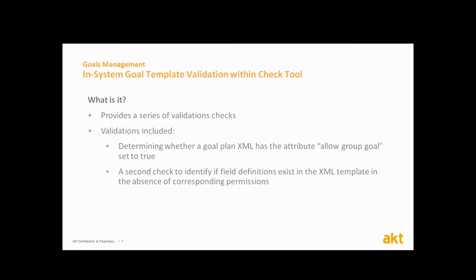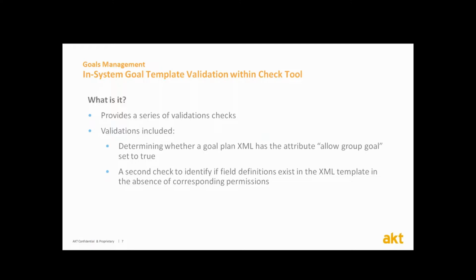Moving over to the goals management, we have yet another improvement of the configuration check tool. It includes a variety of validation checks, including determining whether the goal plan XML has the attribute allow group goal set to true. If this is not true, the system will provide a warning.